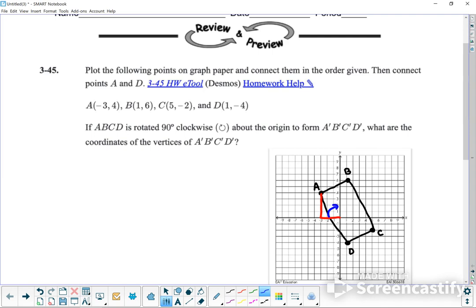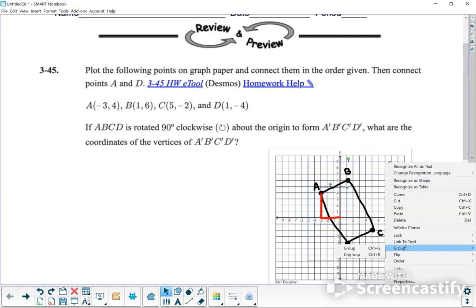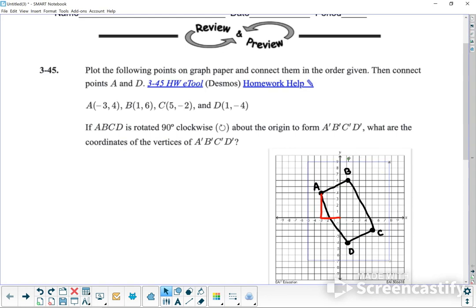Okay. So if I spin that, let me group it all together. So I'm going to spin that. It's going to look like that right there. Okay, but I need to make sure that that's right at the origin. Okay. So that's where my point A is.